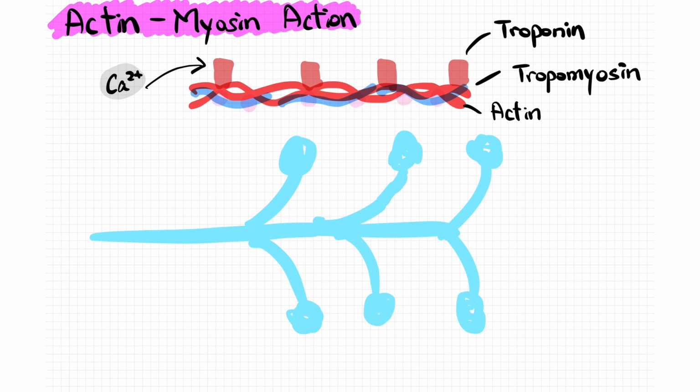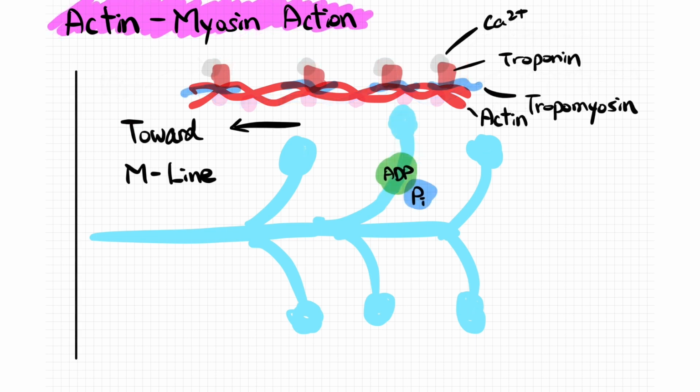This triggers the release of calcium ions from the terminal cisternae of the sarcoplasmic reticulum. And calcium ions bind to troponin molecules on the actin filaments, causing a conformational change in tropomyosin, which is a protein that covers the active site on actin.